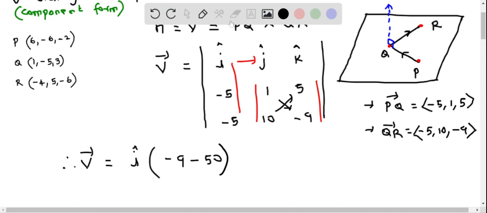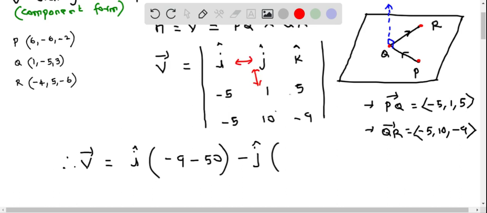Now I put negative, and then I put the second component j and multiply this, leaving the corresponding row and column. So I have to leave this row as well as this column. So when I do that, I get -5 and 5, and -5 and -9.